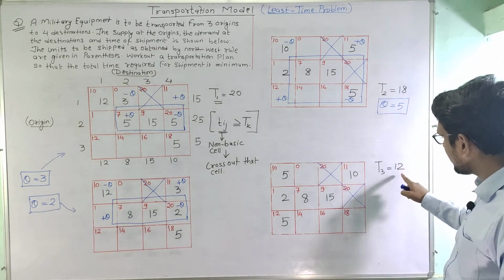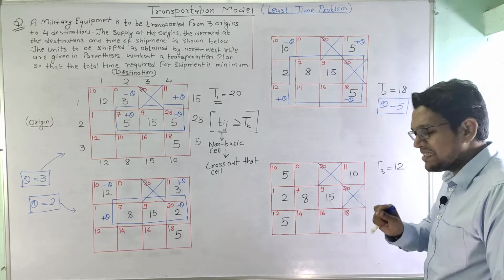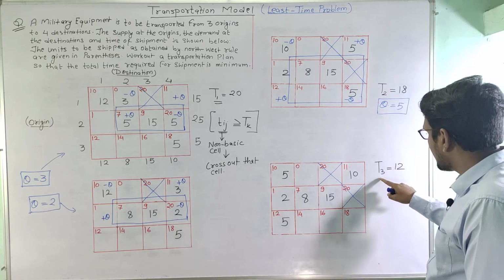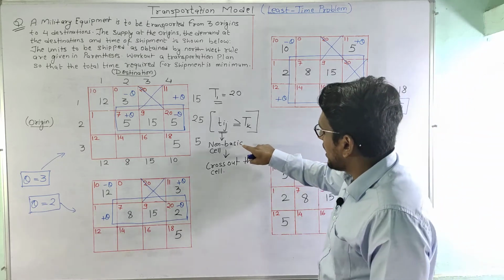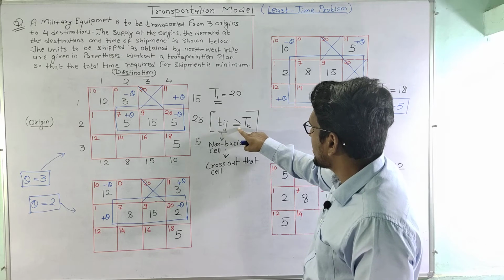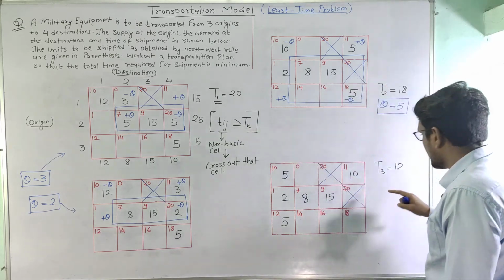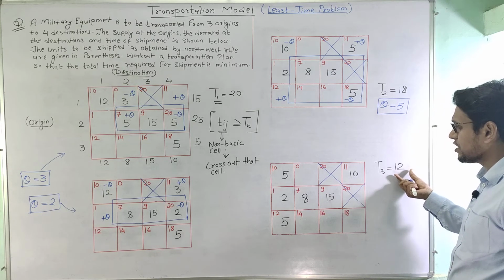Now again we will see if any of the non-basic cells has a value greater than or equal to 12. Any non-basic cell with a value greater than or equal to Tk, that means for this particular iteration 12.